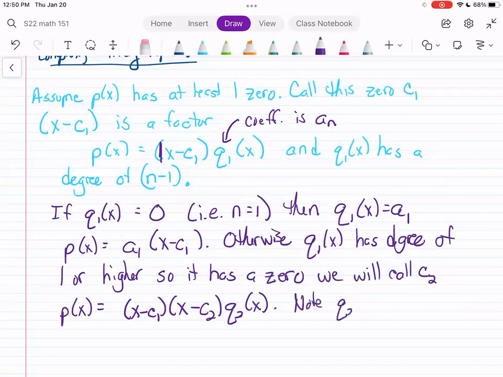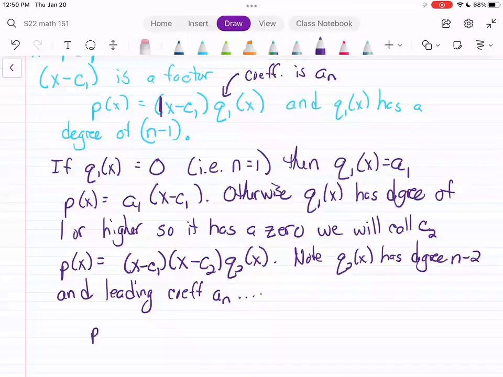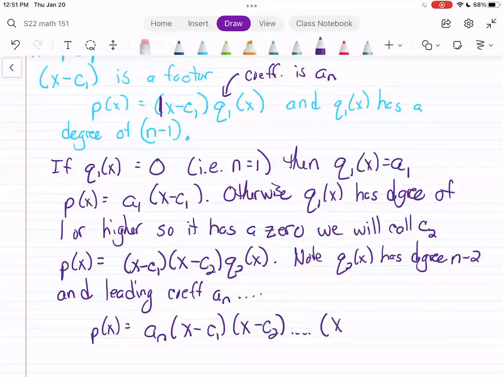Note q sub 2 has a degree of n minus 2 and a leading coefficient of a sub n. And we can keep doing this over and over n times until we end up with p of x is a sub n times x minus c sub 1, x minus c sub 2, all the way down to x minus c sub n.